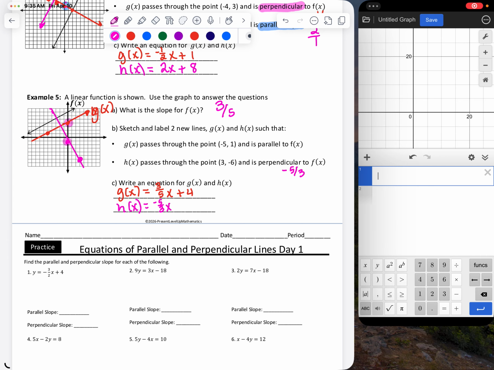It crosses f of x at a 90-degree angle. So here's h of x. And it touches the B at negative 1. Now, if you missed any part of this answer, please pause the video and correct anything you missed before moving on. And that concludes today's lesson, Equations of Parallel and Perpendicular Lines, Part 1.